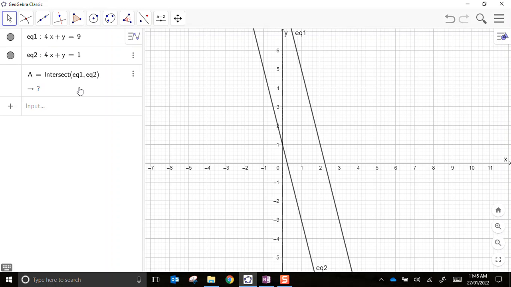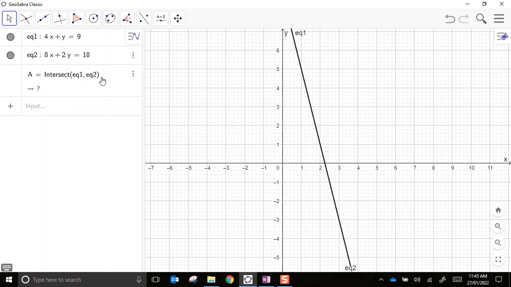Now there's a third possibility. My equations, what if I do something like this? What if I make that one 8? And what if I make the coefficient there 2? And what if I make that 18? Now, before I hit enter, you'll probably note that double that is 8, double 1 is 2, and double 9 is 18.